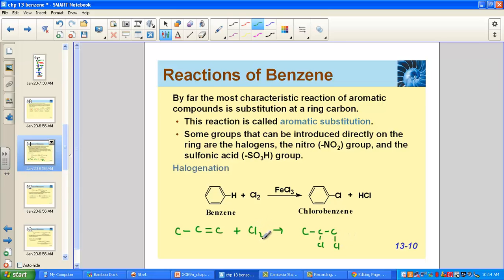So a halogenation substitution. But earlier we mentioned that benzene, because of its very stable resonance structure, did not readily react with any of the halogens.